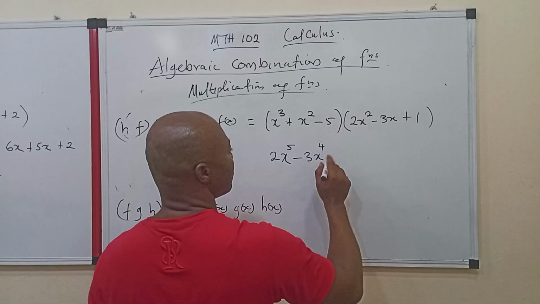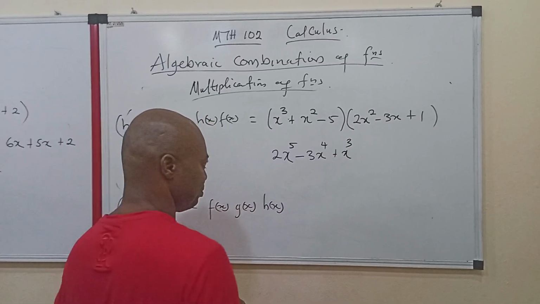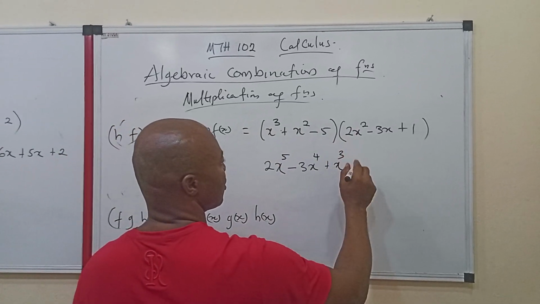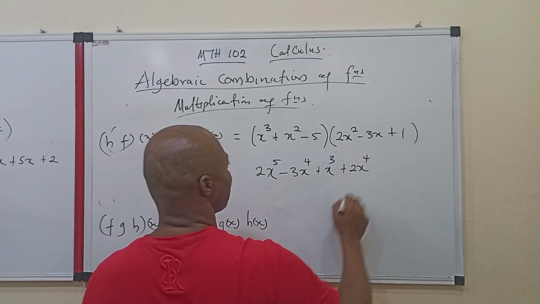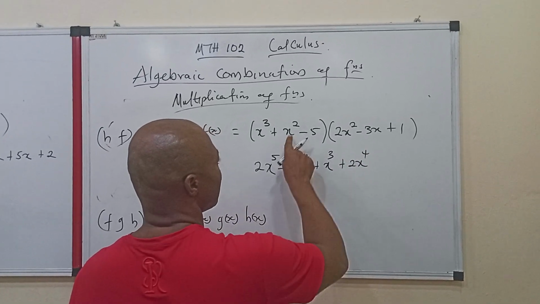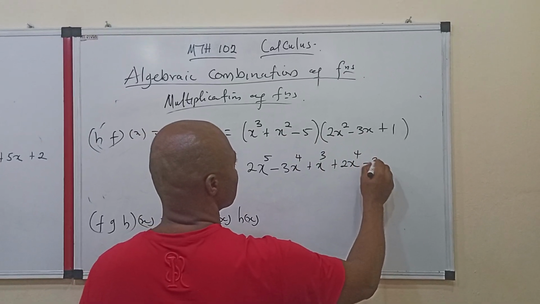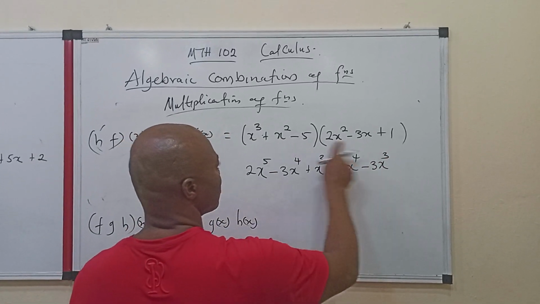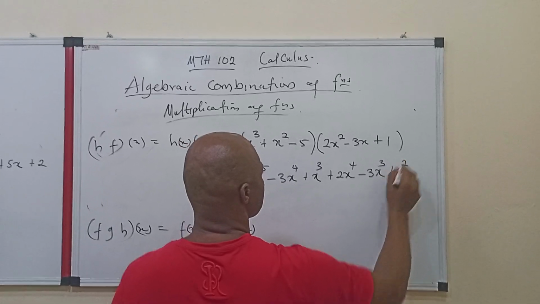This to this will give us plus x raised to the power 3. This to this will give us plus 2x raised to the power 4. This to this will give us minus 3x raised to the power 3. This to this will give us plus x raised to the power 2.